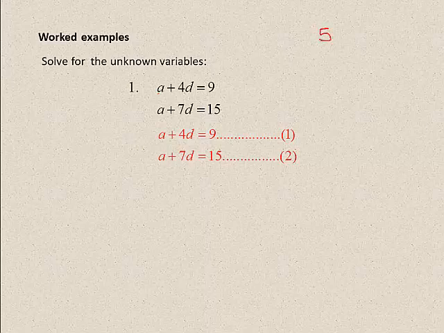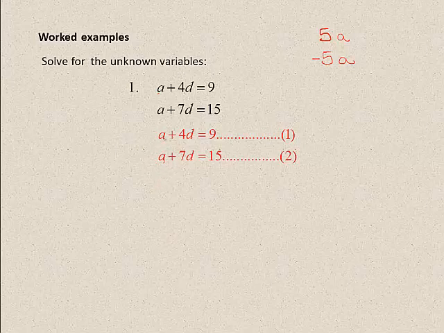So for example, if I have 5a and 5a, the mere fact that a with its coefficient are exactly the same, it means I can get rid of them. I simply subtract the two. Alternatively, if one is negative, for me to get rid of the a, I simply add the 2. In this question, this is an a, that is an a, the coefficient is 1, which means they are the same. If they are the same, it means that I can eliminate.